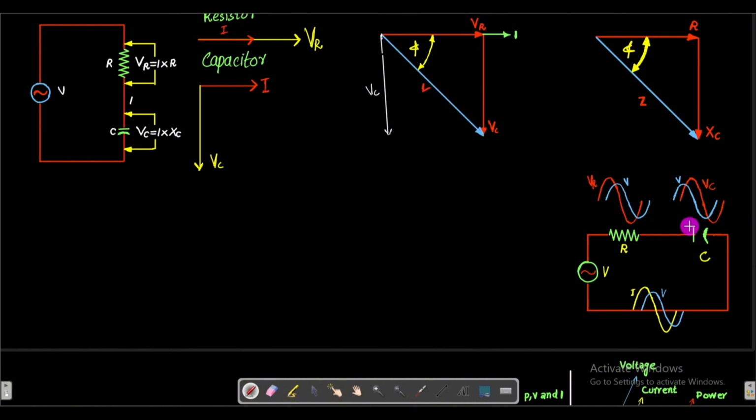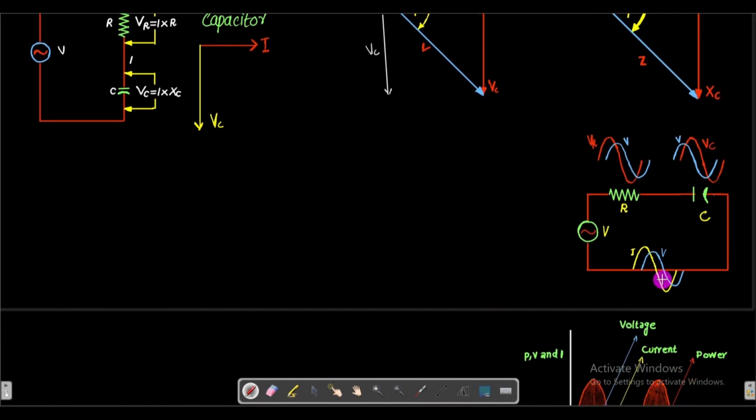So I have shown graphically here that V is leading VC, and after that this will be the resultant voltage.